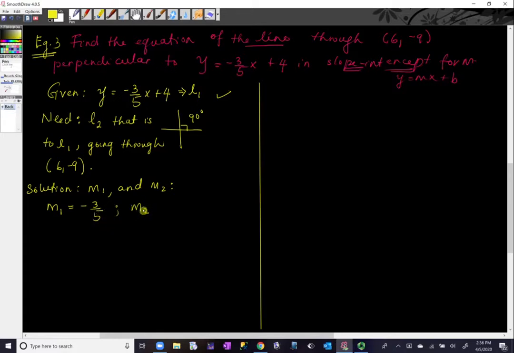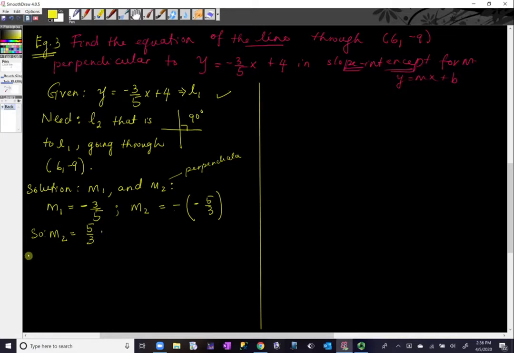Is m1 equal to m2? No. We're talking about perpendicular, so it has to be the negative reciprocal. The reciprocal of 3/5 is 5/3, and the negative is still there because remember this is a negative sign and you have another negative. So m2 is now positive 5/3.